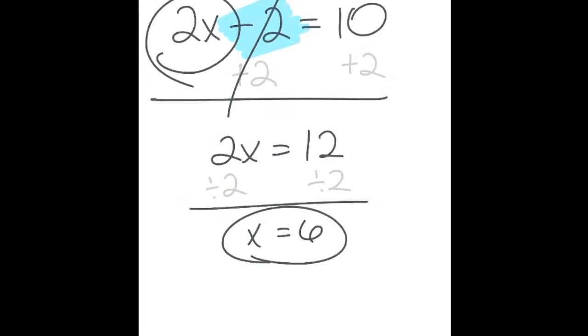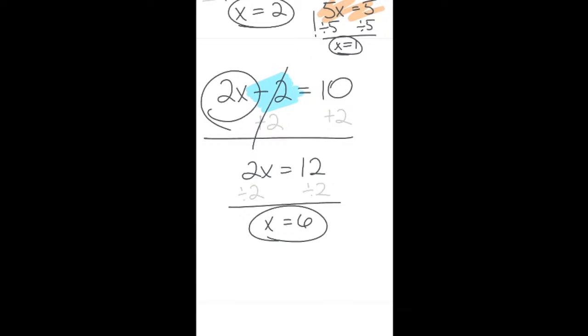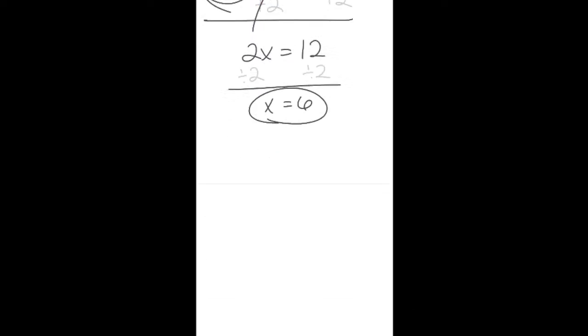Now you try a couple. If that was too fast, rewind the video. Rewind the video and take a look at it. It's time to work some problems. Let's do 5x plus 7 equals negative 13. Let's do 4x minus 7 equals 37.